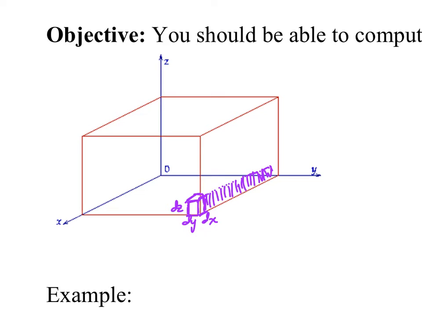So we would integrate with respect to x, so we have our dx. We would integrate all of those. Then we would have each of these teensy tiny little distances in the direction of y.